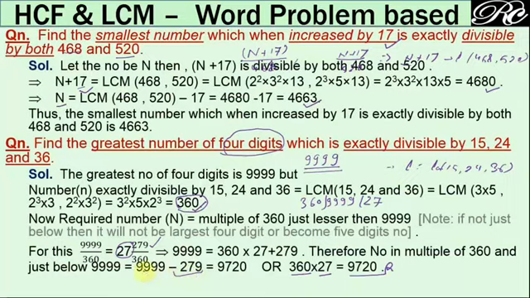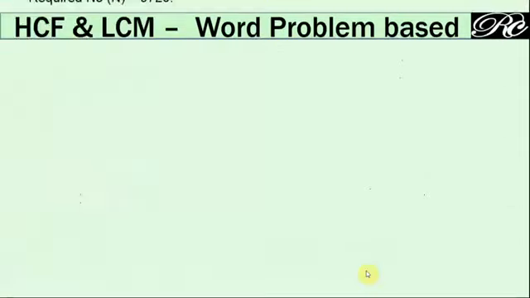On subtracting 279 from 9999, we get the answer 9720. So both are the same. Here we calculated the greatest 4-digit number. It may be asked for the smallest 4-digit number, or it may be asked for a 5-digit number, smallest or greatest. Let us do one more question based on this concept.